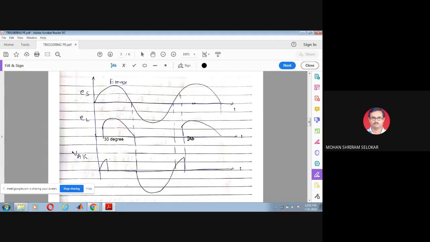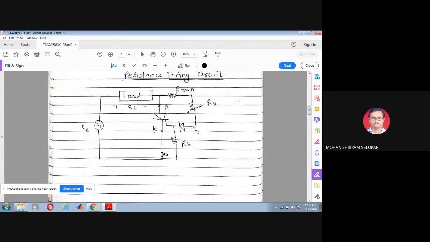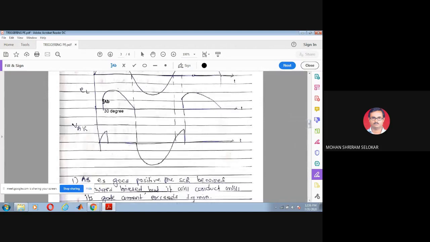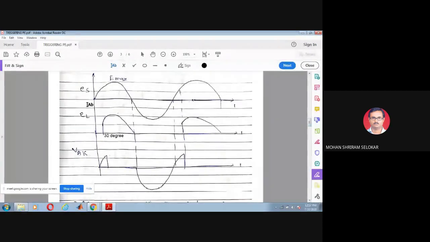When SCR is turned on, the circuit gets completed, and at this point of time the load voltage EL will be equal to ES. At this point and at this point, ES and EL will be the same, just assuming that there is no drop across the conducting SCR.